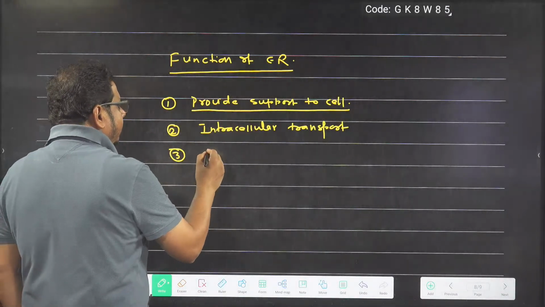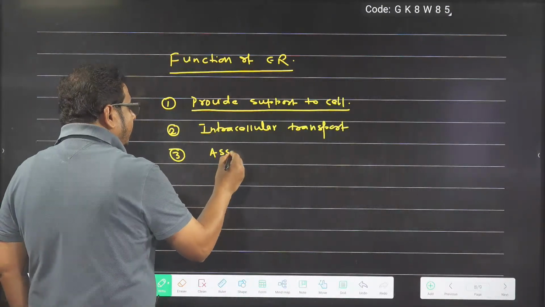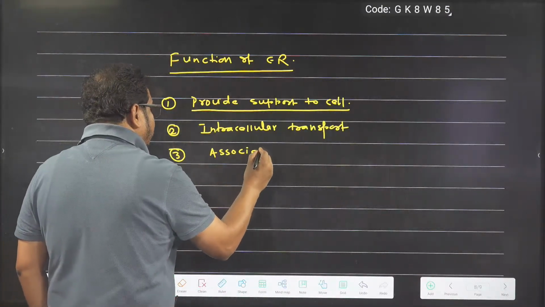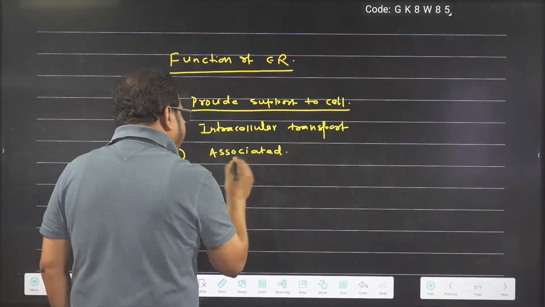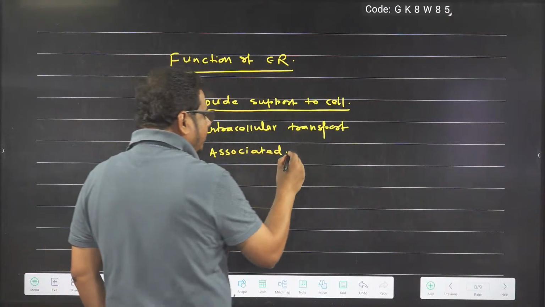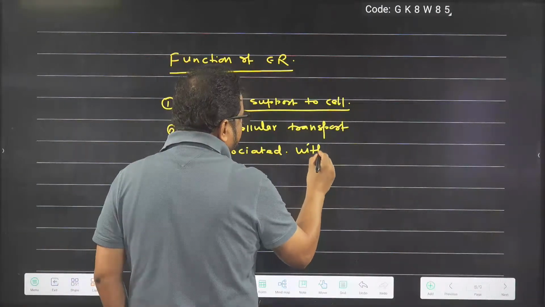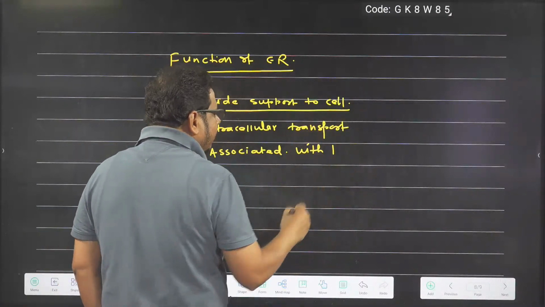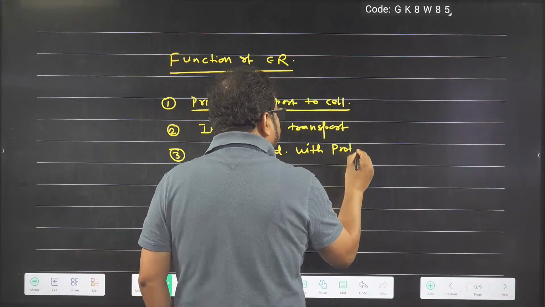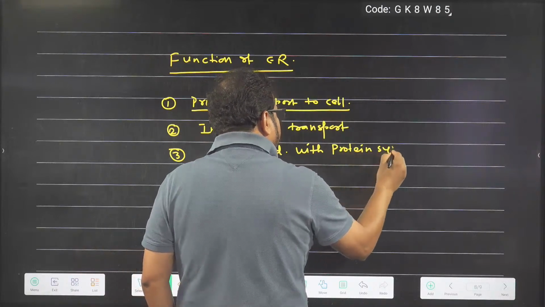I am writing associated with. Associated, I am writing a wise word. I am not writing its function is protein synthesis. Associated with protein synthesis, because ribosome is attached with it. Protein synthesis.